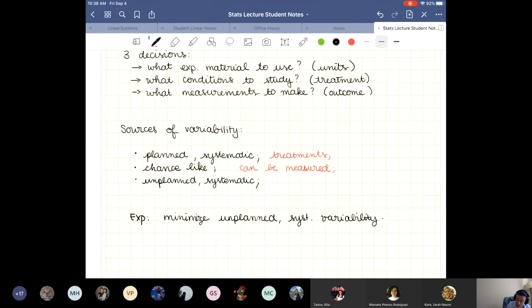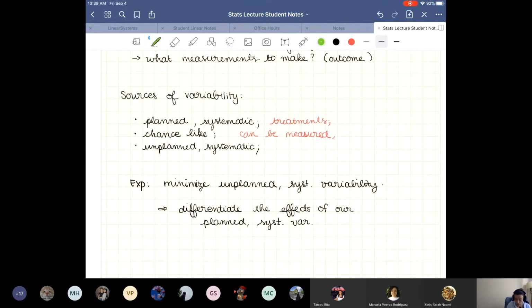So the idea in minimizing unplanned and systematic variability is that then this allows us to differentiate the effects of our planned systematic variability. Right? So it allows us to differentiate, to identify the effects of our planned and systematic variability.